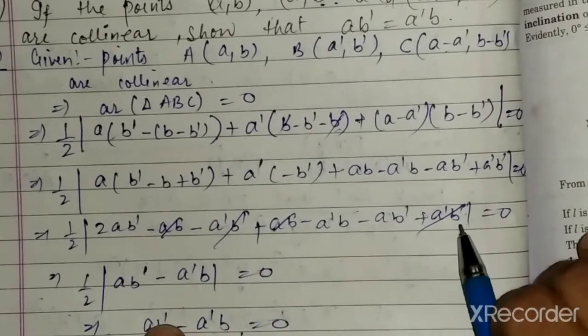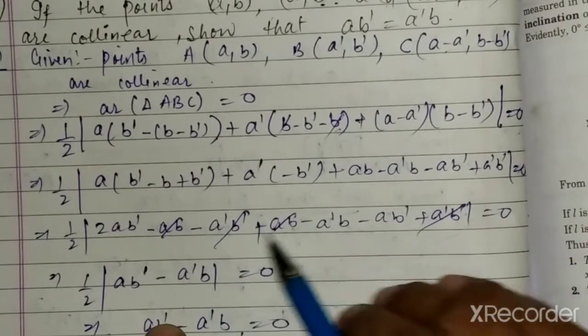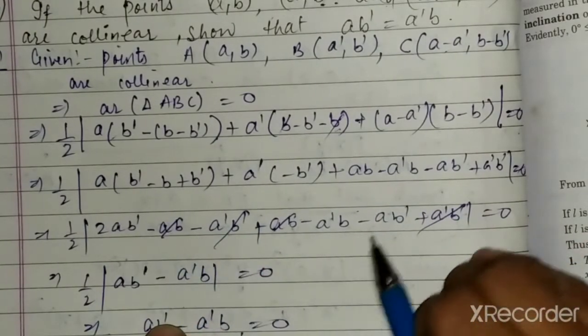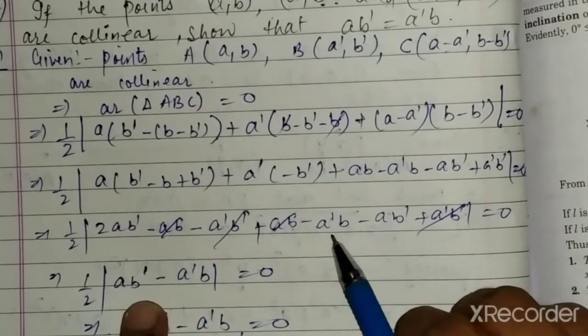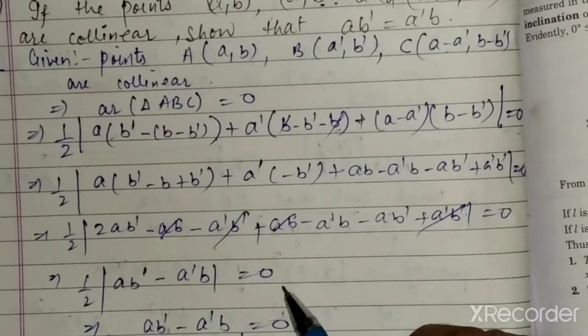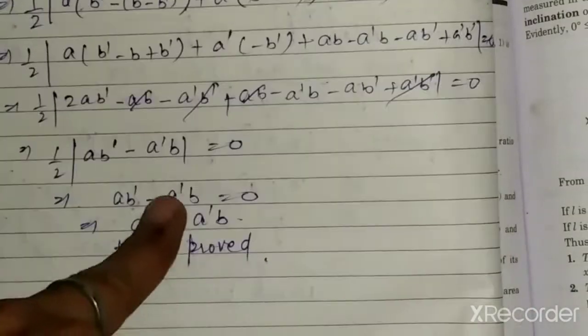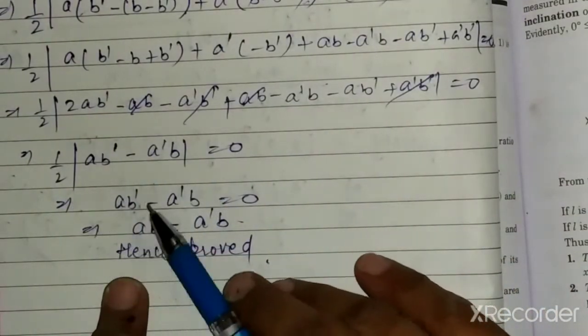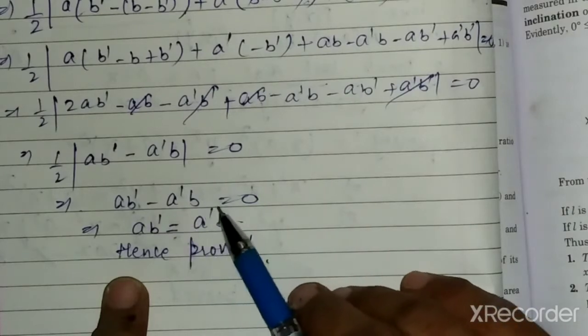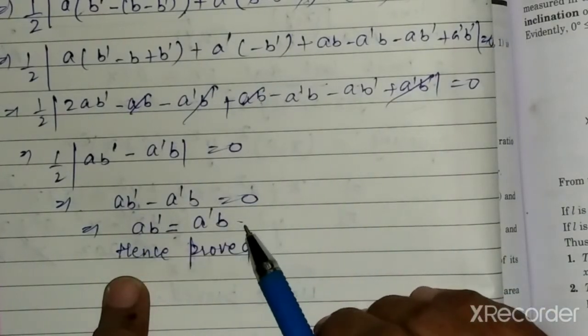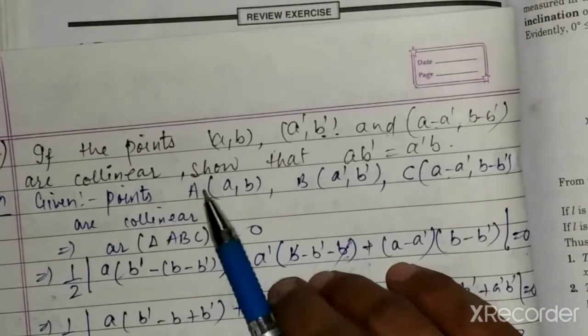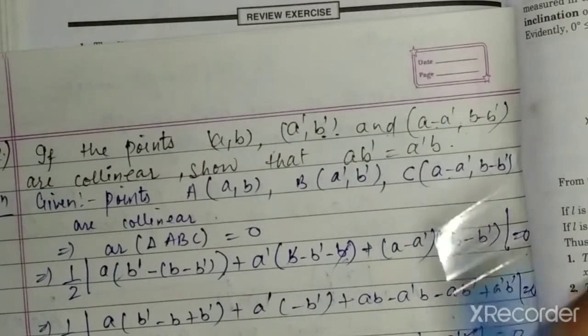Here a dash b dash gets cancelled, also ab minus ab gets cancelled. We have 2ab dash minus ab dash, that is ab dash minus a dash b. Mode of this equals 0. Now we can remove the mode. We have ab dash minus a dash b equals 0. In this way we get ab dash equals a dash b, and hence we have the result.